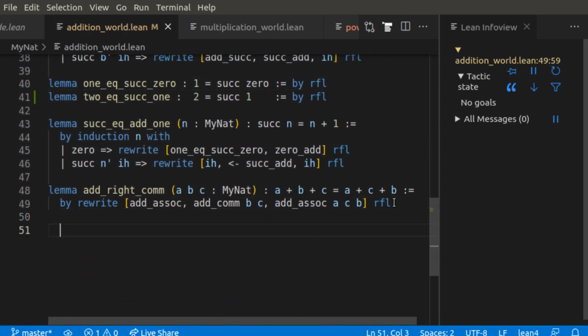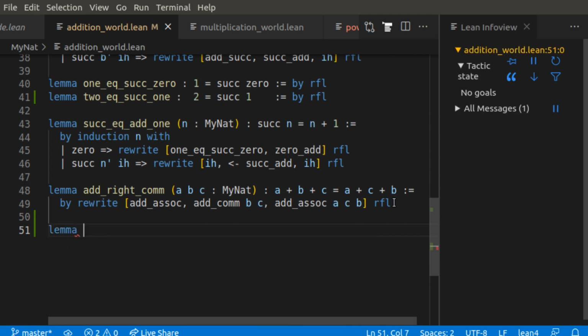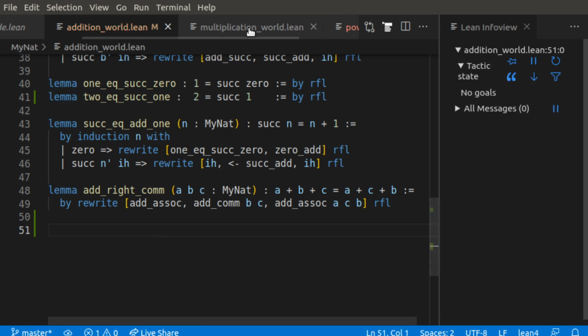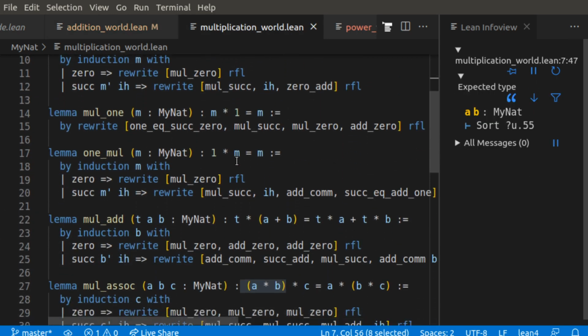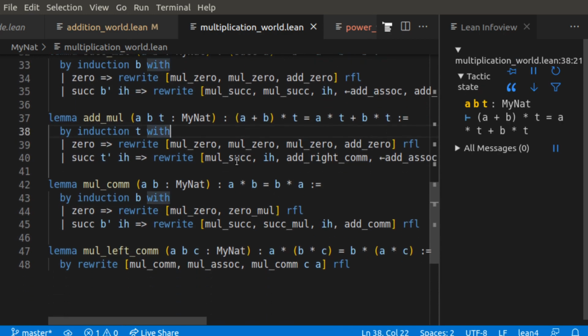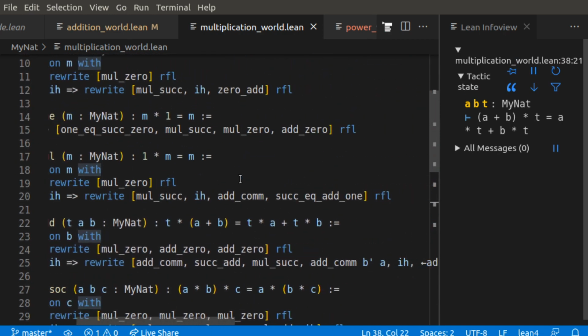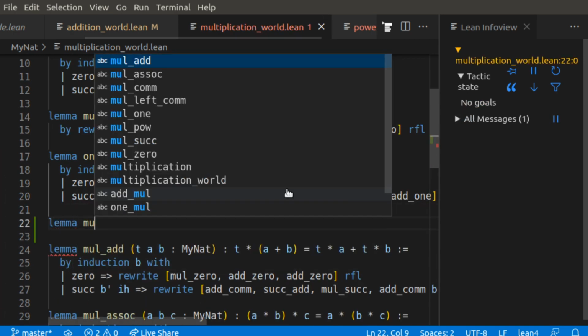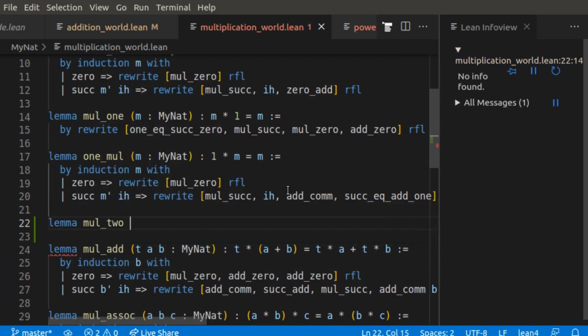What are we going to want to do? Well, we're going to want a lemma. Probably want to put this in the multiplication world. So if we have mol 1, we're probably going to want to have a mol 2. Lemma mol 2.